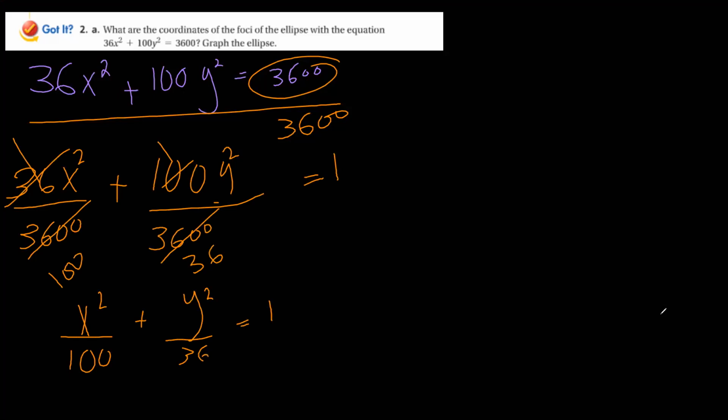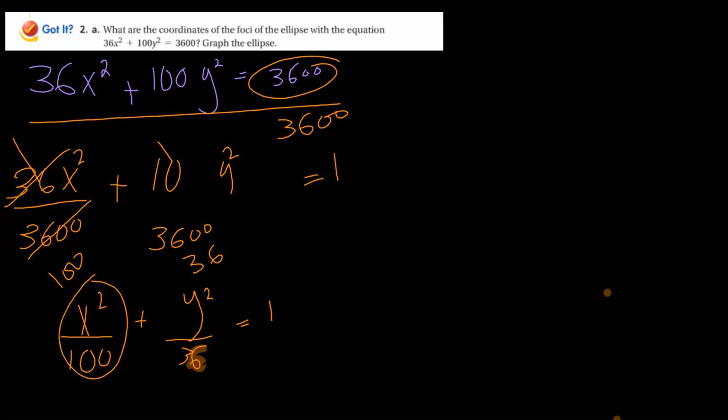So now, which is greater, 100 or 36? 100. And the 100 here, is it under x? It's under x.